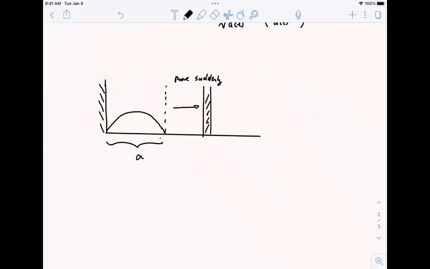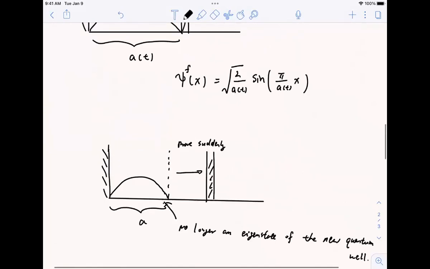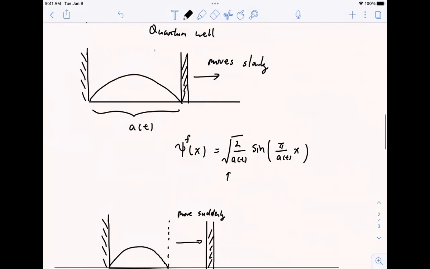And this is no longer an eigenstate of the new quantum well. So this is not the eigenstate, but this one is an eigenstate of the new quantum well.